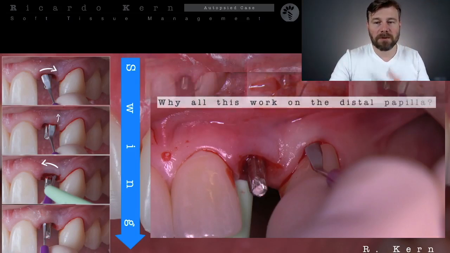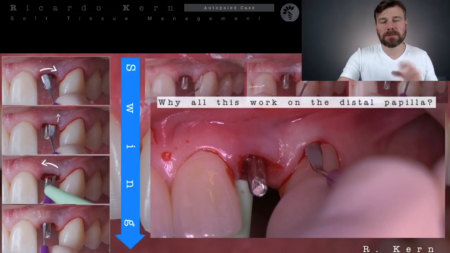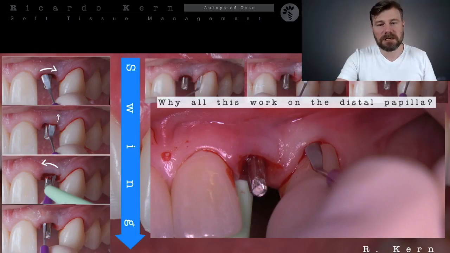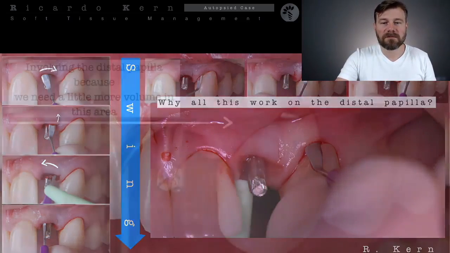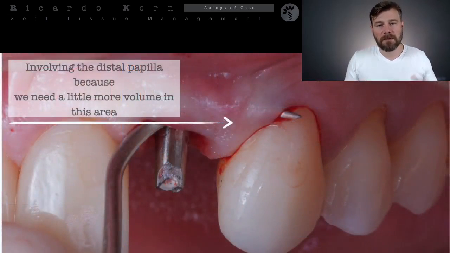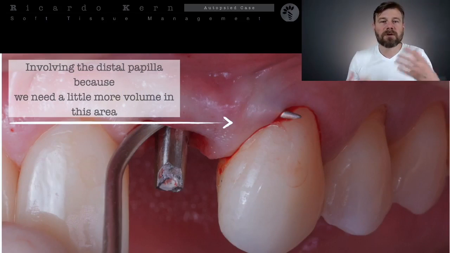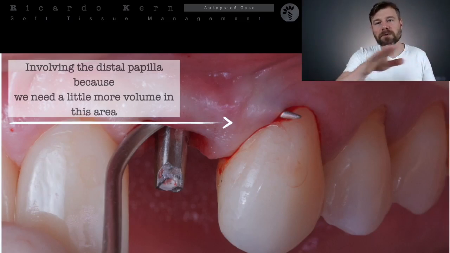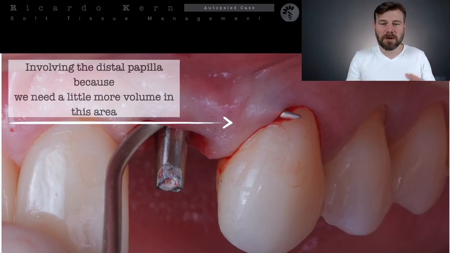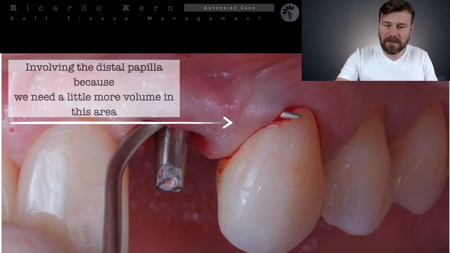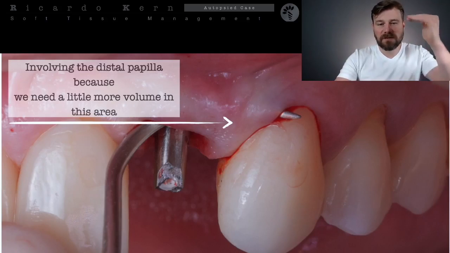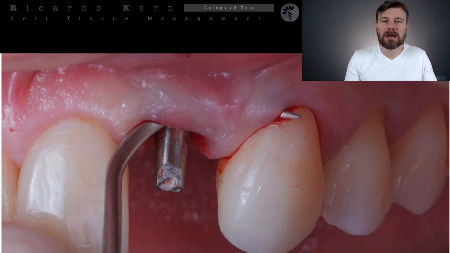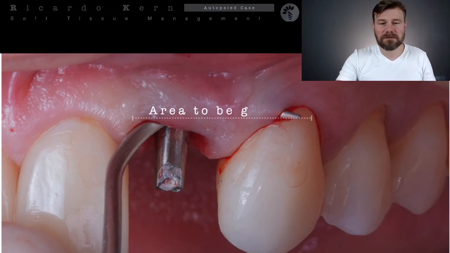Okay, why all this work on the distal papilla? Because we noticed in the beginning that I lack some of the volume that I need on this area. We need to check if I connect properly one area to the other one. Sometimes we use a blunt instrument to check all the way through from one side to the other, to check that I do not have any soft tissue attaching the flap to the ground, that I really have an open space to bring my connective tissue graft.